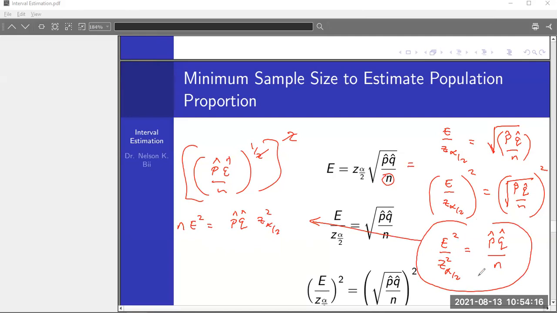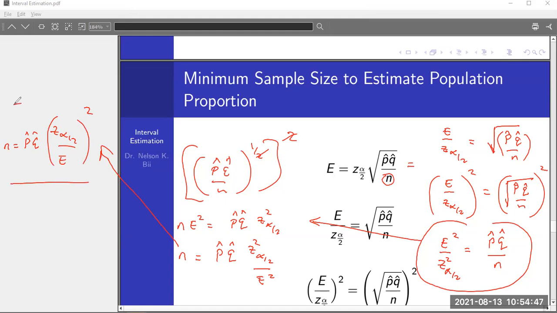So N is given by PQ times Z squared alpha by 2 divided by E squared. In other words, N is given by PQ times Z alpha by 2 divided by the amount of the error, squared.